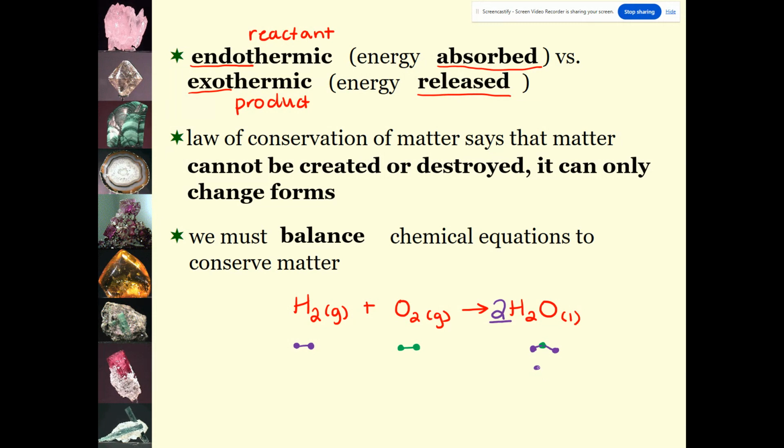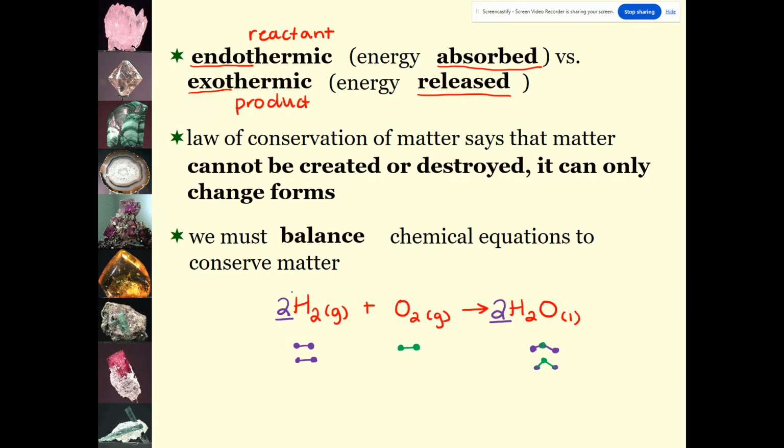So that means I'm adding another molecule of water, which gives me another two hydrogens with an oxygen. Now I have two oxygens, but notice how that now gives me four hydrogens, which is fine. I can put a 2 in front of my hydrogen molecule to get another H2 gas molecule, and that now gives me 4 hydrogens to match with the 4 hydrogens on the product side.